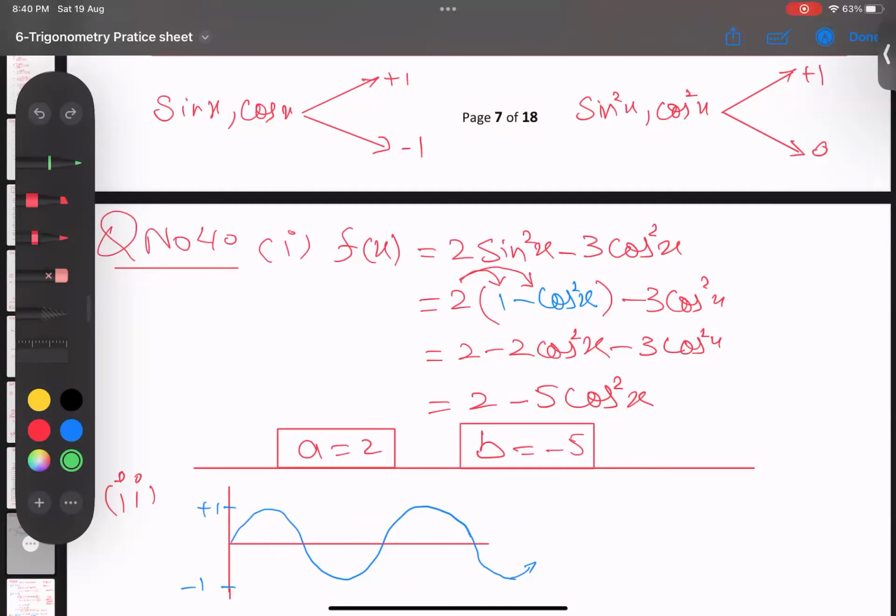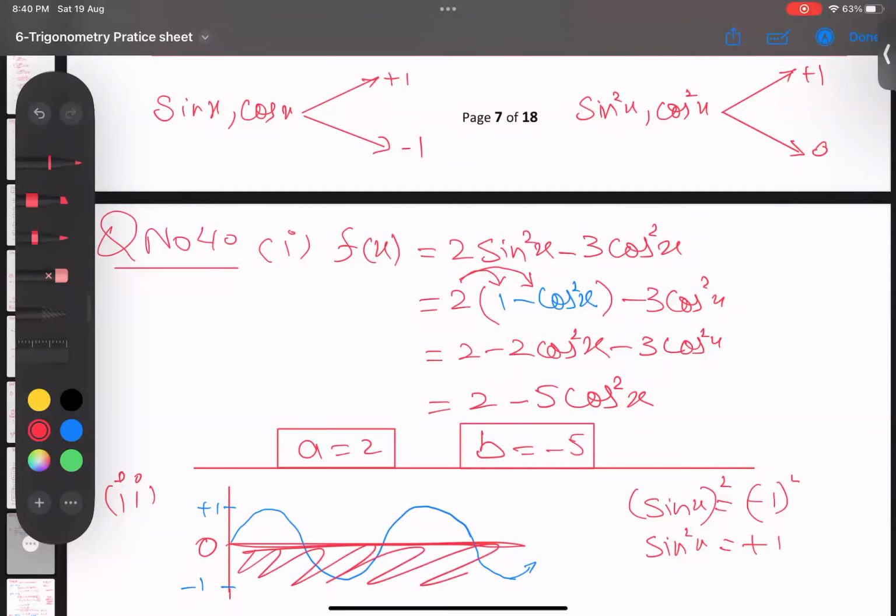But when I talk about cos square and sine square, you students know very well that if the value of sine theta is, let's say, negative 1, the square will give you positive 1, because if you square this and if you square this, it gives us positive 1. In short, below we have negative values, above we have positive values.